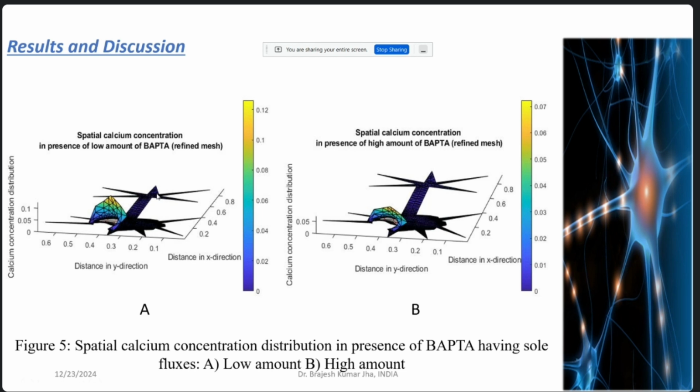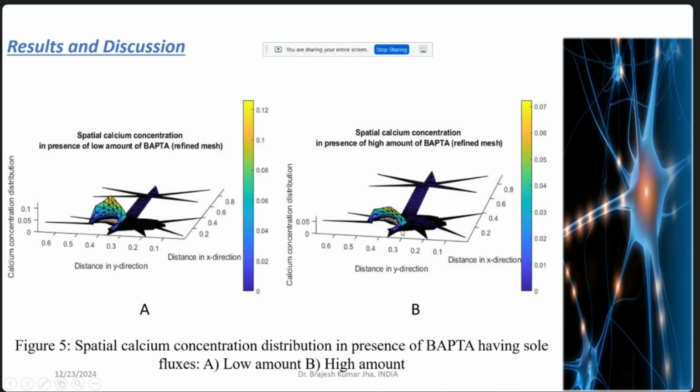In the other case, the buffer consideration is taken higher, maybe 200, 300 micromole. So in that case, what can we analyze from these two figures?